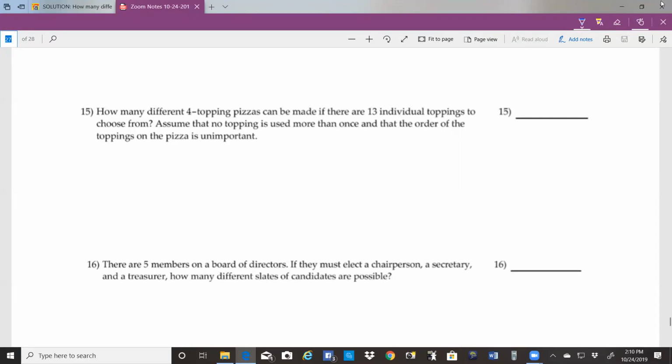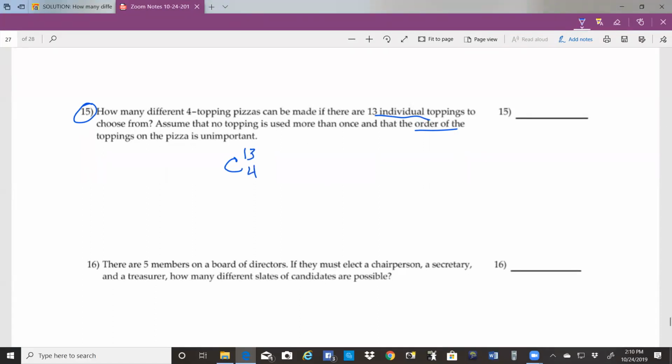Okay, number 15. How many different 4-topping pizzas can be made if there are 13 individual toppings to choose from? Assume that no topping is used more than once and that the order of the toppings on the pizza is unimportant. Well, this would be the combination of 13 things taken 4 at a time.